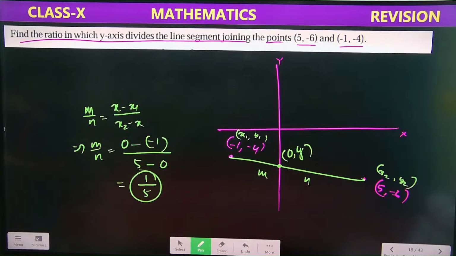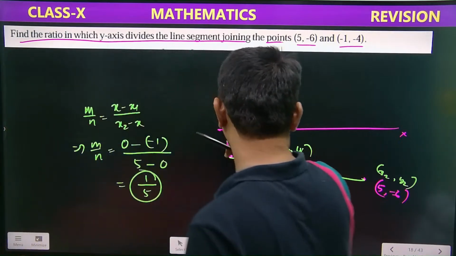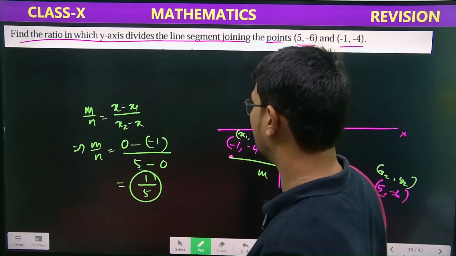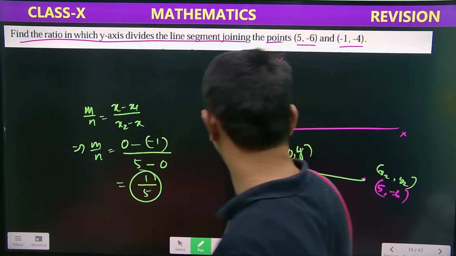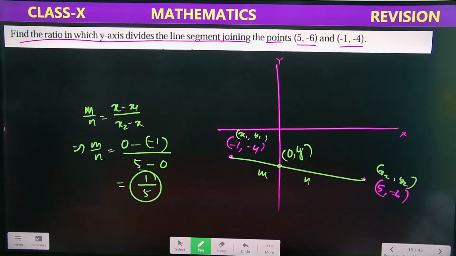Check carefully where I have made a mistake. I have taken the x value 0 minus 1, so this is coming as 1. Okay, check, children. 1 second. 1:5 or 5:1? Check.